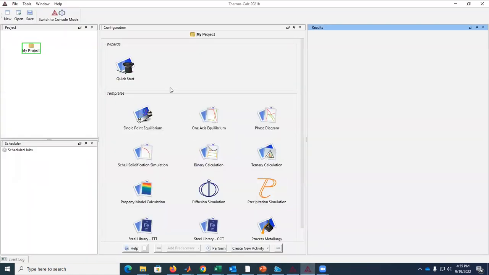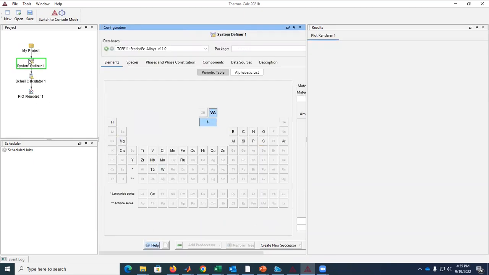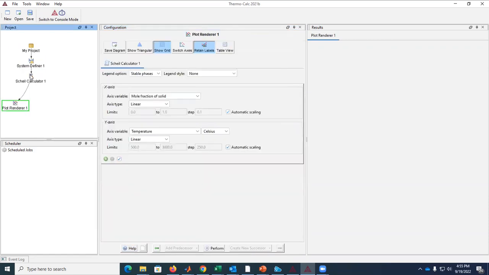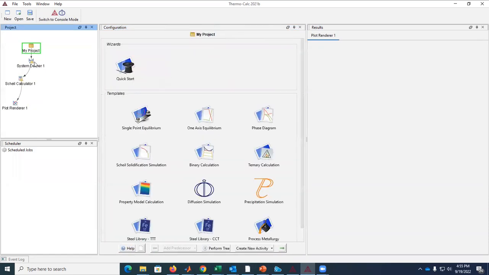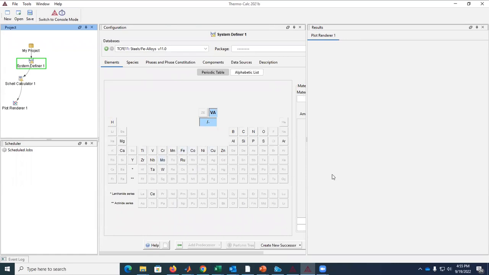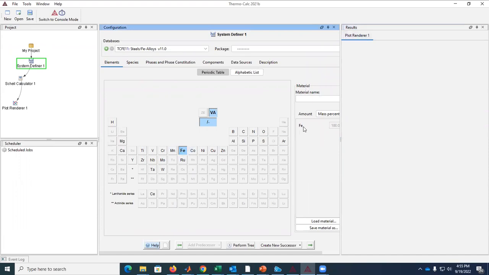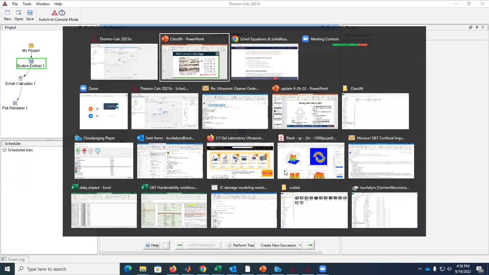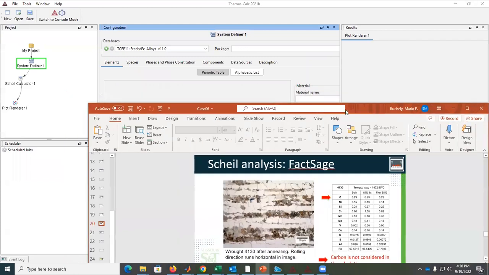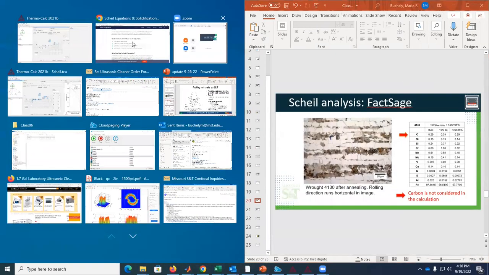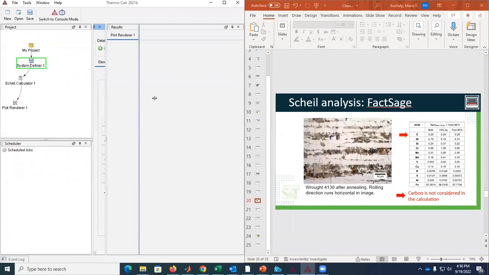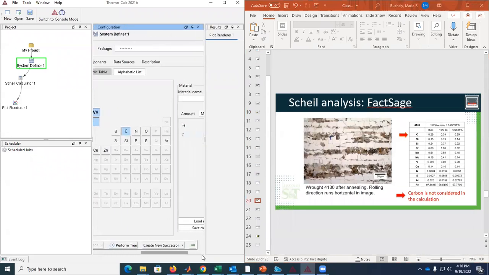So if we open Thermo-Calc, we just click on Scheil solidification simulation as the first step. And as you know, we have a flow of information that we are going to follow. The first thing is we are going to click on the different elements that we want to model. So I'm going to go, obviously, first iron, and I'm going to follow our example here. So let me minimize this screen and place this one here so I can check.